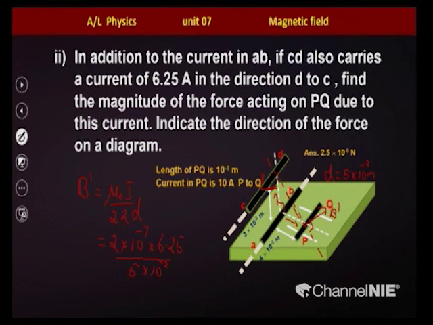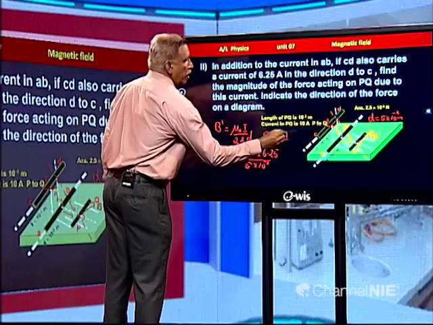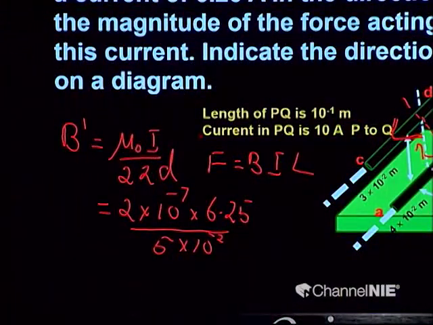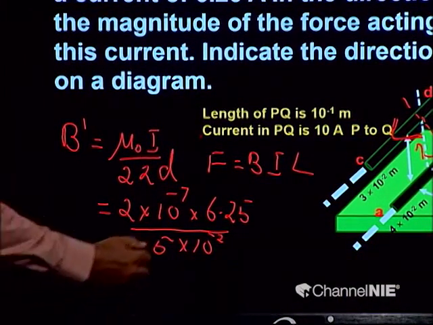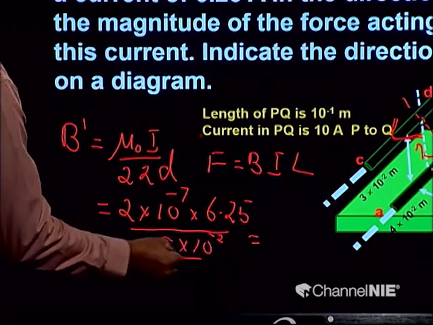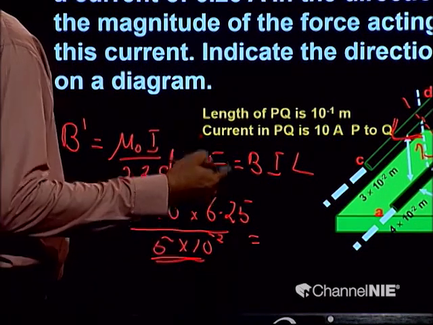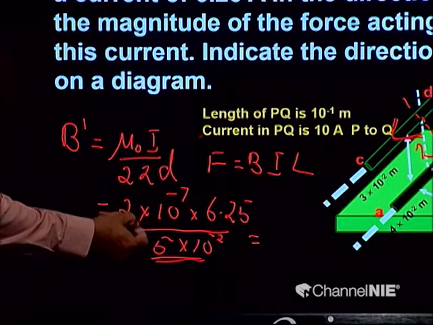Therefore, the force experienced here is always BIL, because sin theta is always 90. Therefore, we can write F is equal to BIL. Substitute the value of B here, and I is the current passed through the conductor PQ, that is 10 ampere.